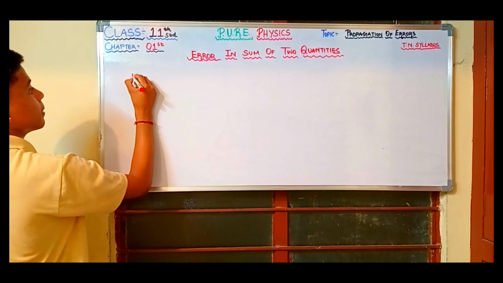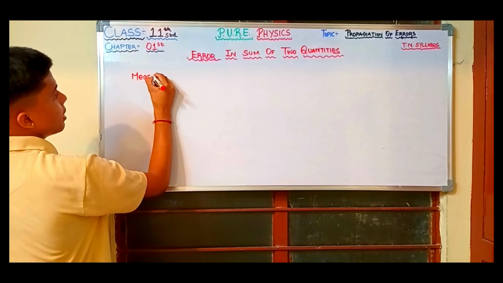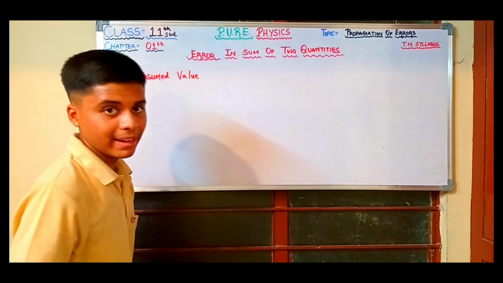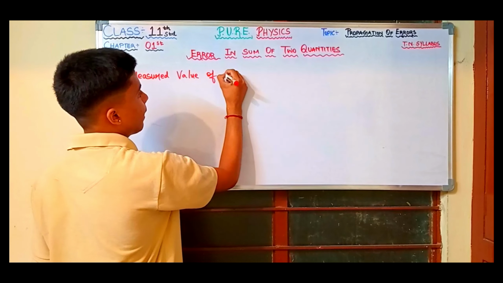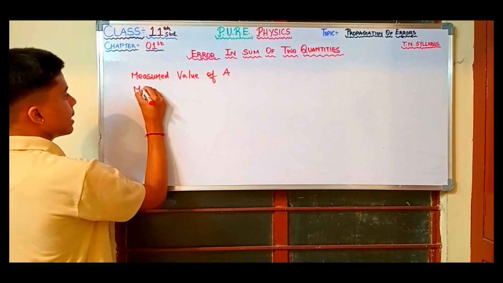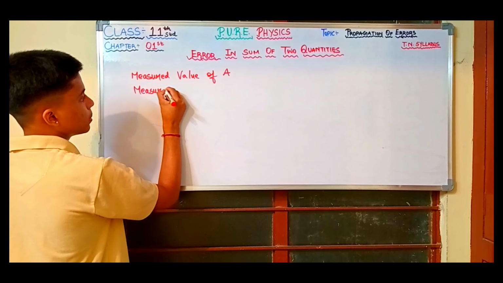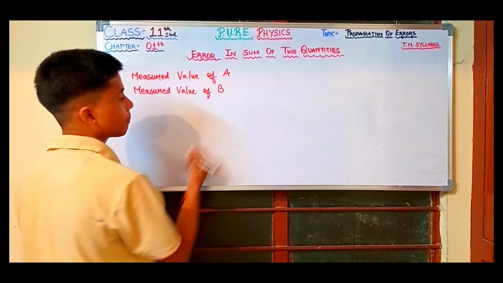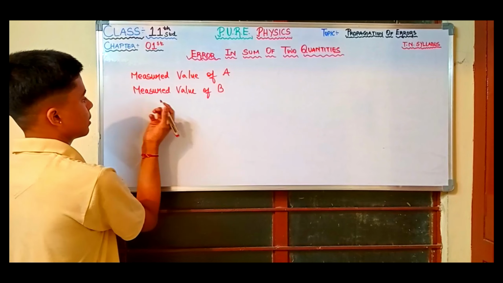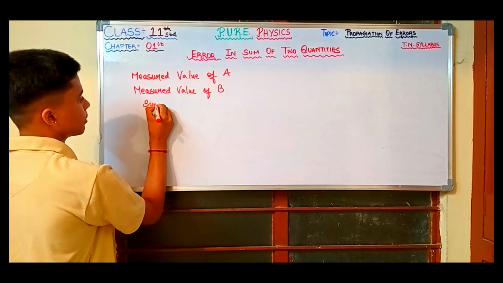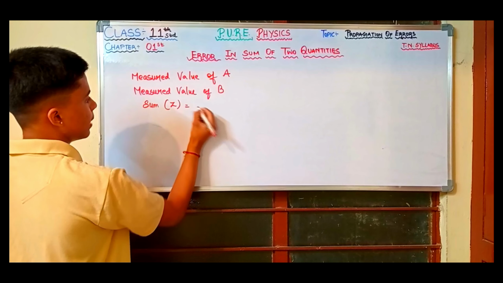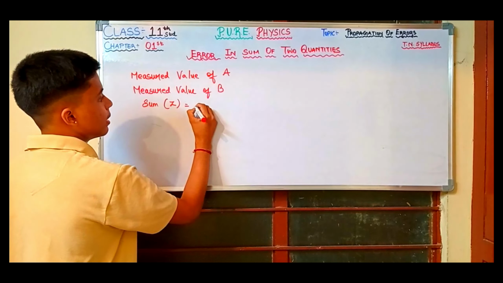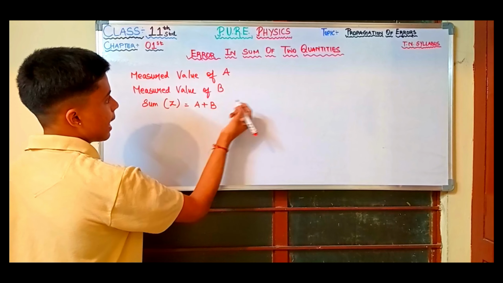One is measured value of rod A. Second one is measured value of rod B. And the third statement is sum, which is nothing but Z is equal to the final value, the addition of A and B. Z is equal to A and B.